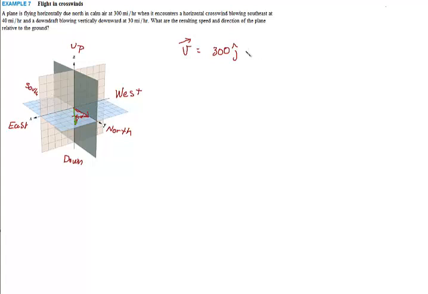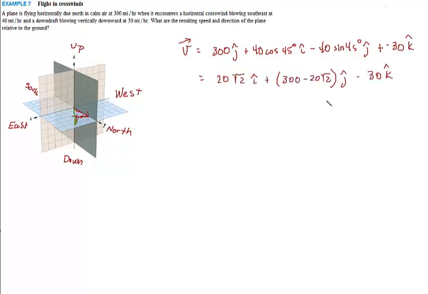So that's going to be plus 40 cosine of 45 degrees in the I hat direction minus 40 sine of 45 in that J hat direction, and then downward is going to be negative 30 in that K direction. So computing this, I'll write this down. This is what that speed vector would look like, and you could put it in this other notation if you so desire. There, it looks stunning there.